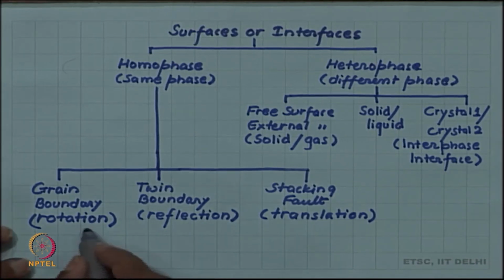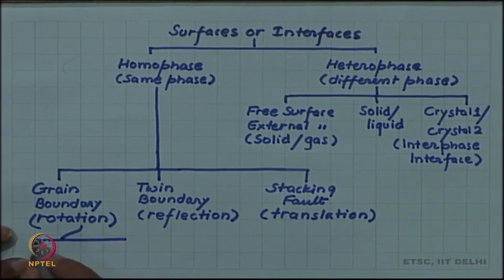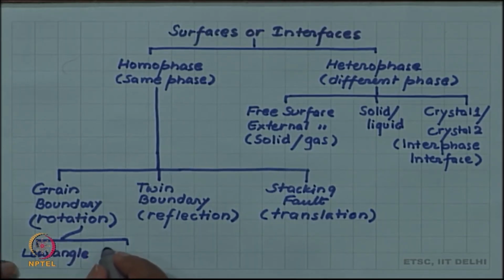A grain boundary can further be classified; there are two ways of classifying. In one way we can talk of a low angle boundary. If the rotation angle is small, we call it a low angle boundary, or if the rotation angle is large, we call it a high angle boundary. This low angle, high angle classification, of course, is a rough classification.